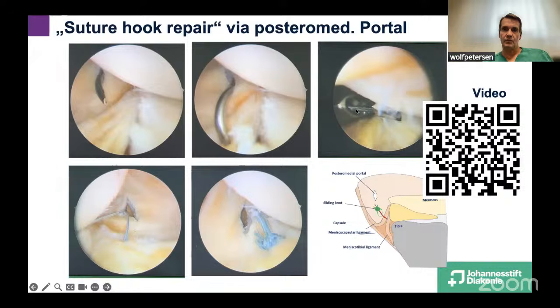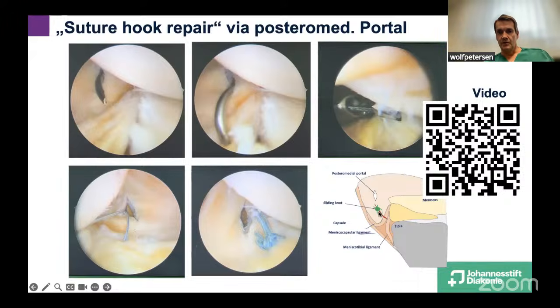I also use mostly braided suture material for this posterior suture hook repair, but you can also use a non-braided absorbable PDS suture for that. And then you pull both sutures out of the joint, perform a gliding knot, and then you push the knot down to the base of the meniscus, and then secure the sliding knot with 2 half hitches.